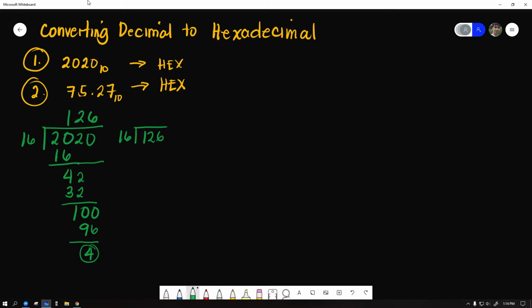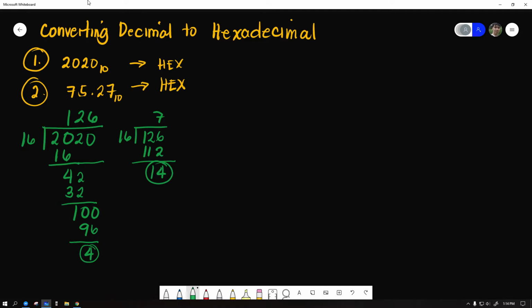Okay, correct. You have 7 only, because 7 times 16 will give you 112. And then this is 4. This is 1. Then we already completed the division, so our remainder is 14.